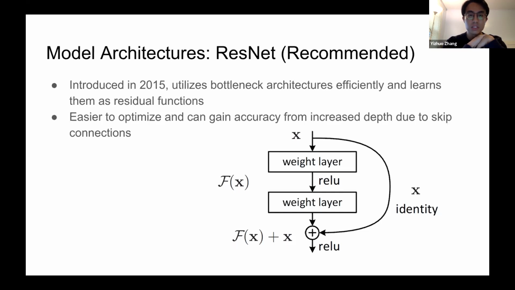However, the original Resnet, no matter if it is Resnet 18 or 50, is designed for an input resolution of 224 by 224, which is almost 4 times bigger than our input.